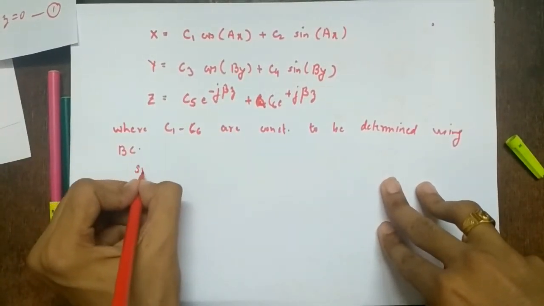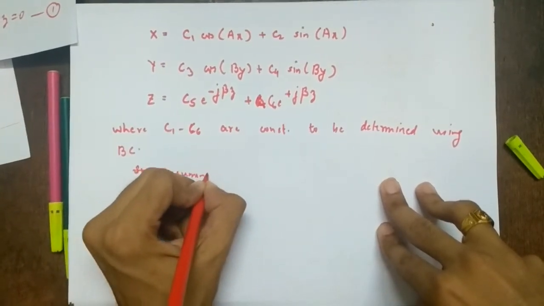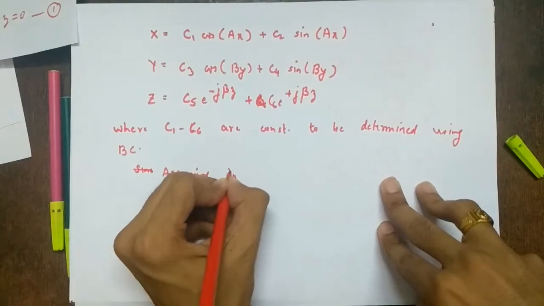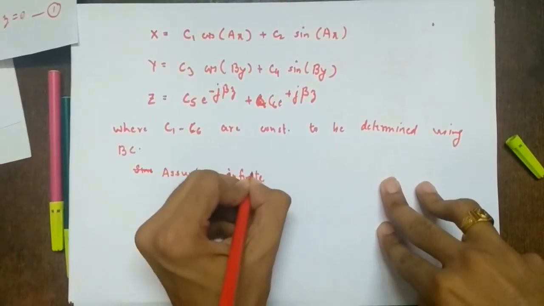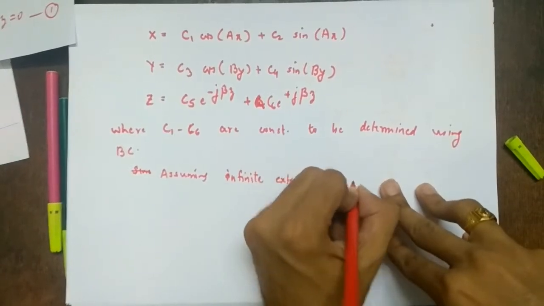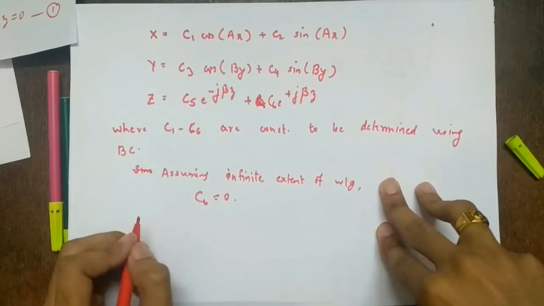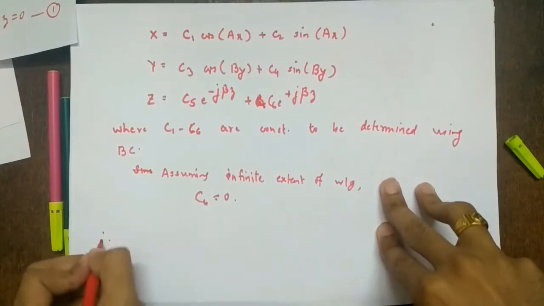So we say, assuming infinite extent of waveguide, C6 equal to 0. Therefore, what will be Ez?